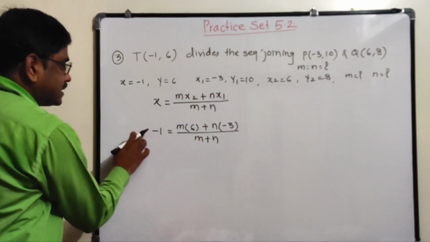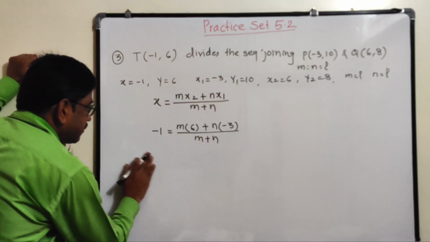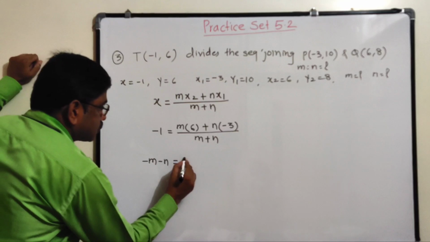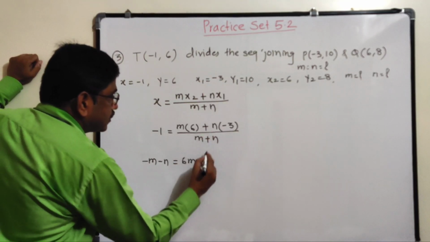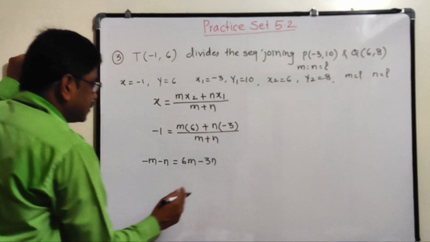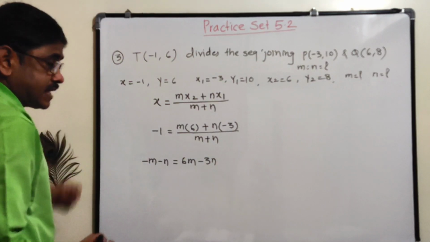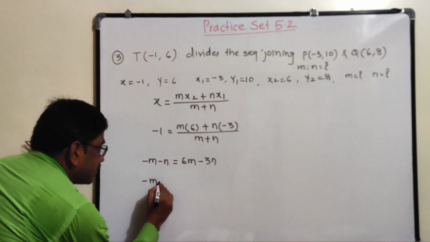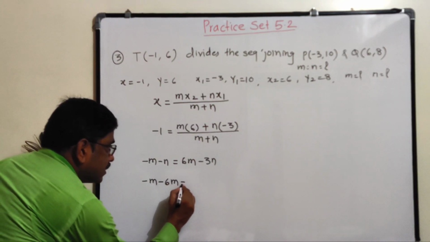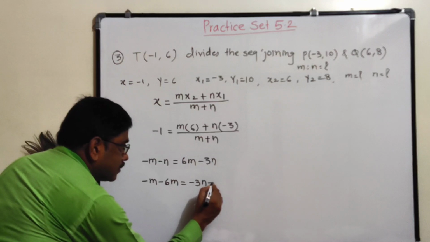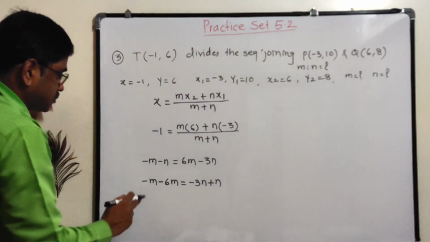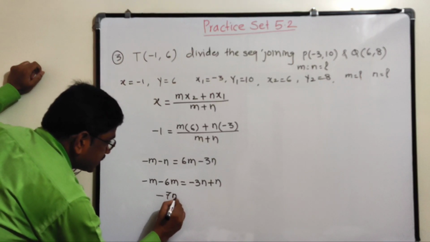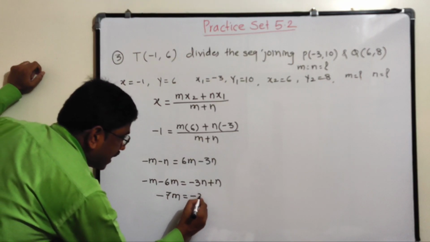Now multiply by this m plus n. Here we get -m minus n is equal to 6m and minus 3n. So write the m on the same side. So we get -m minus 6m is equal to -3n plus n. So we get -7m is equal to -2n.